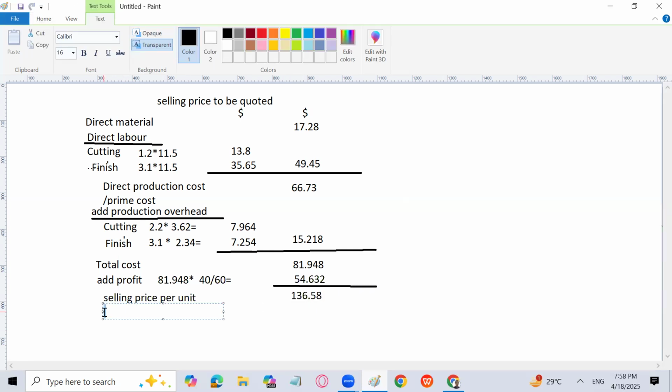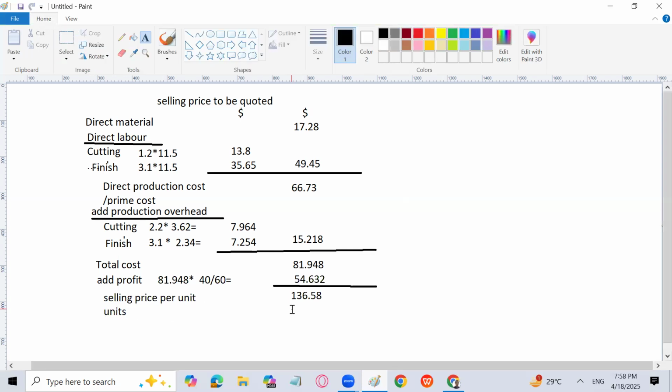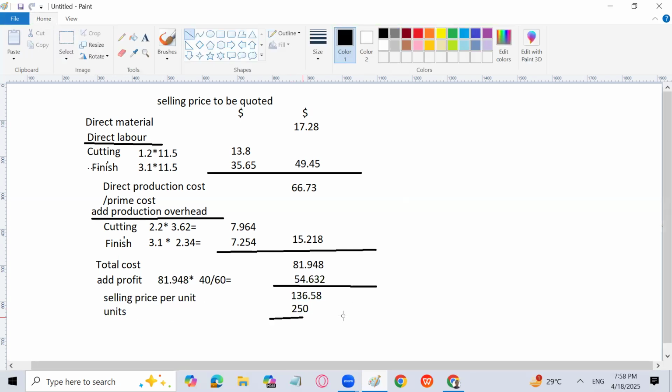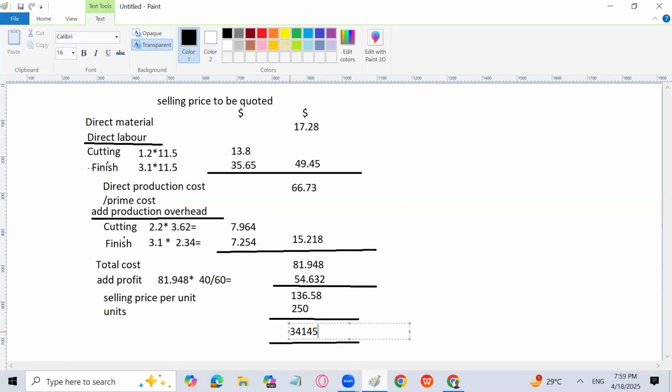Now we will multiply this selling price per unit with the units. Units are 250. That gives 34,145. So that is going to be the selling price to be quoted to the customer.